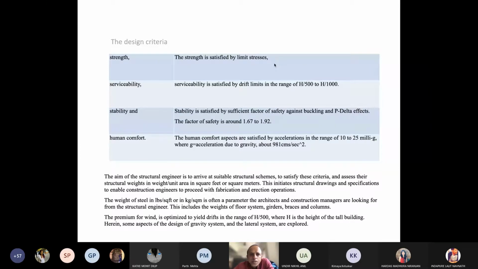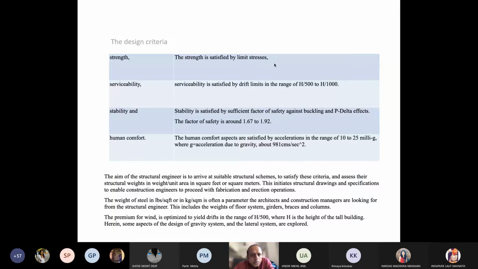or the building is not a very well serviceable building, right? Then the third factor is stability, which is both the buckling as well as what is the factor of safety which is considered for the high rises. It goes to 1.67 to 1.92 of the actual loads or actual stresses which are calculated. The factor of safety is considered way beyond.